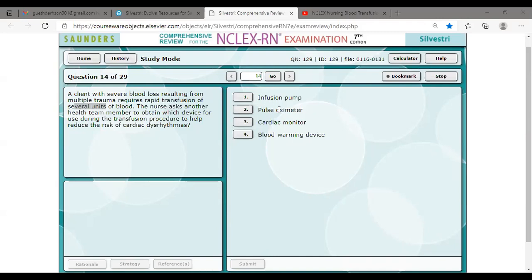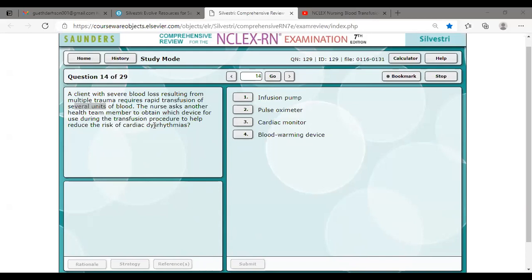Like 96% oxygen is good for the patient, but nothing related to stopping the cardiac dysrhythmia. Cardiac monitoring can tell you what the cardiac events of the patient are. Nothing there can prevent or reduce the risks of cardiac arrhythmia.